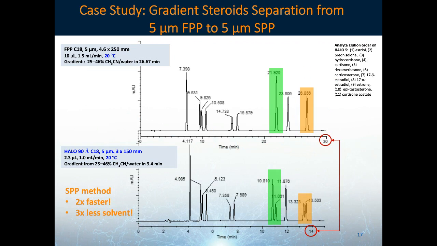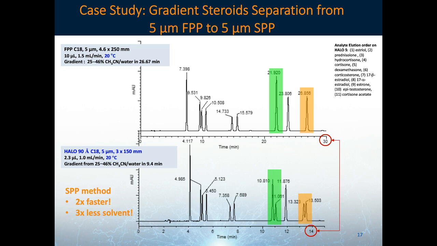This next example is a case study using 11 steroids under gradient conditions, going from a 5 micron FPP column to a 5 micron SPP column. So the top trace is using the 5 micron FPP column in 4.6 by 250 millimeter dimension. And what you can see is coelution of peaks 7 and 8, and then coelution of peaks 10 and 11, highlighted in green and orange.